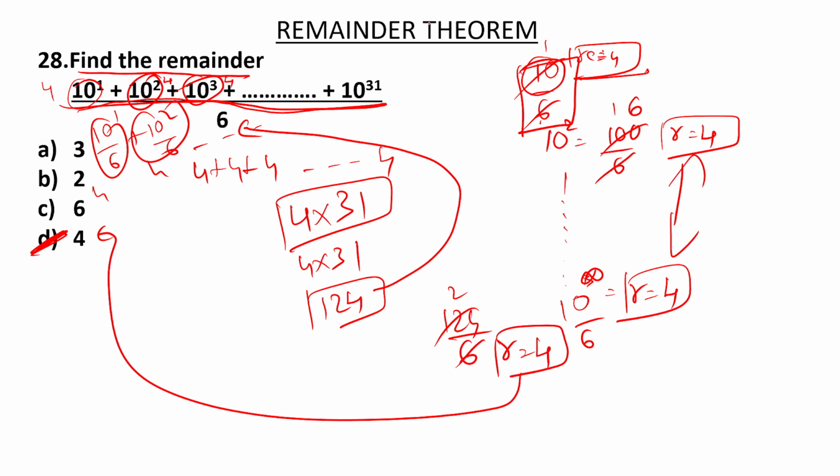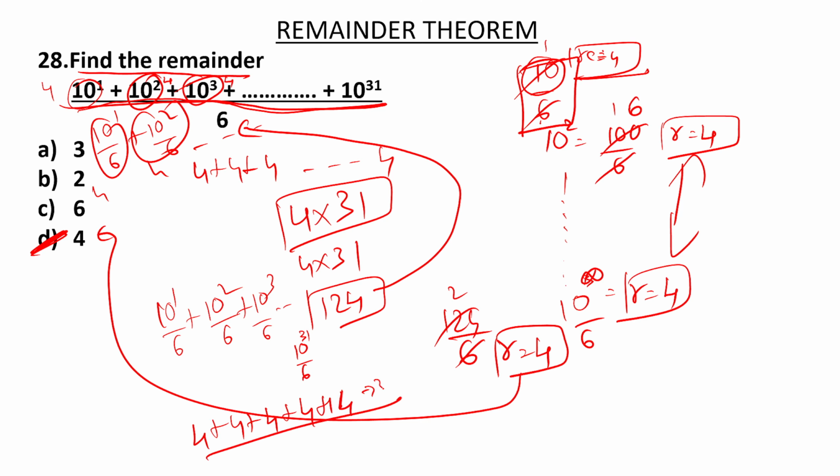So what I did is I separated it like 10 power 1 by 6 plus 10 power 2 by 6 plus 10 power 3 by 6, and so on up to 10 power 31. I divided it like this and I wrote all the 4s together. Since we are going to have up to 31 4s, it is 31 into 4. That's how we got this value.